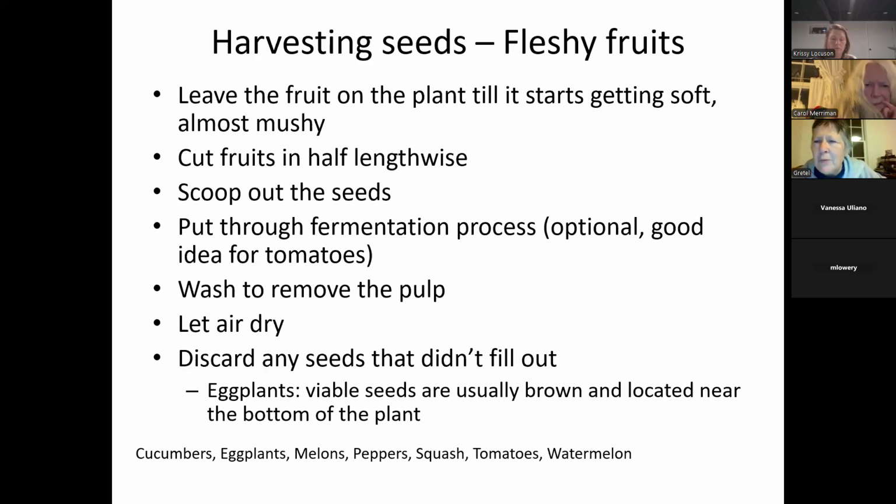The point of fermentation with tomatoes in particular, but other plants as well, is that some plants have a block against the seed germinating immediately. Tomatoes do. So if you were in a greenhouse setting and you wanted to plant these tomato seeds immediately, you'd find that they have very low germination rate.